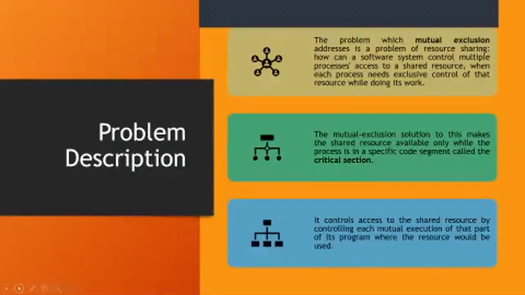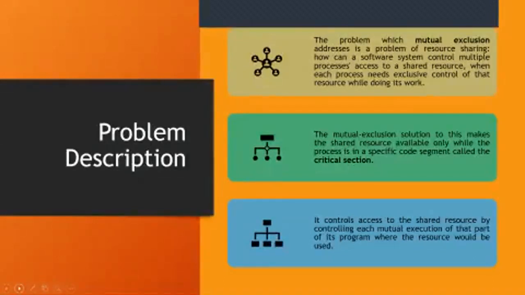The mutual exclusion solution to this module: the shared resource is available only while the process is in a specific code segment called the critical section. What is the critical section?